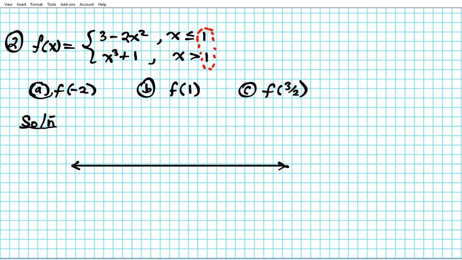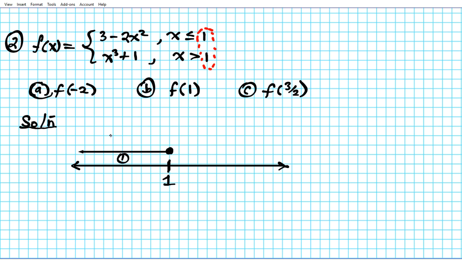So what you do is you just graph positive 1, and let's partition our functions. On the point positive 1, and anything less than, to the left, let's call that interval number 1.